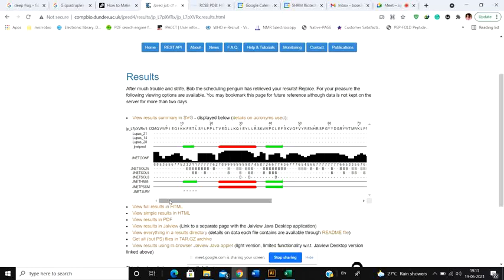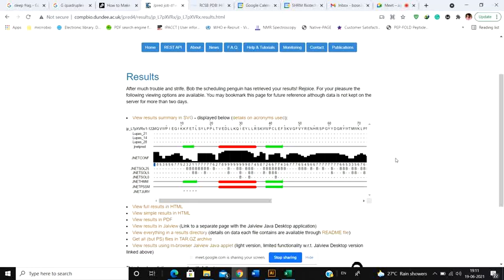These numbers actually describe the hydrophilicity of your molecule, or the solvent accessibility of your amino acid. If a molecule is M, that means this methionine has a solvent accessibility score of 8. That means it is highly accessible, it can interact with solvent.